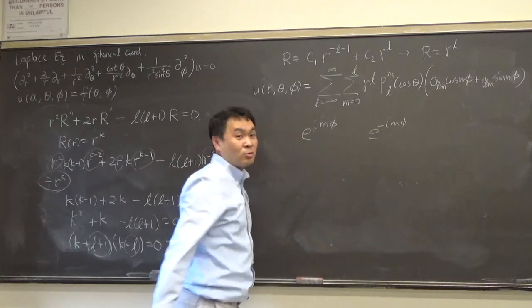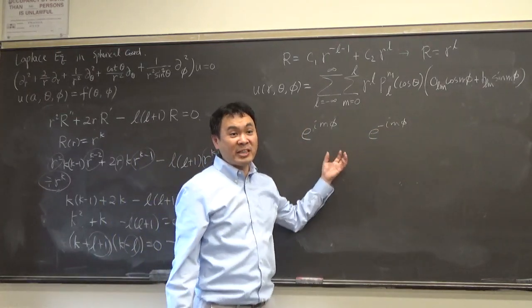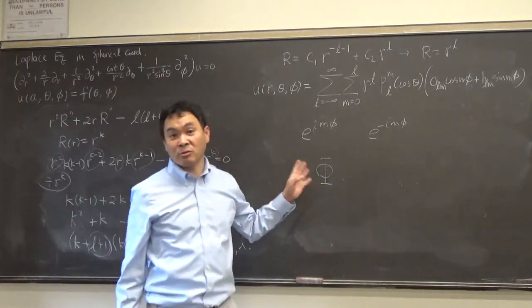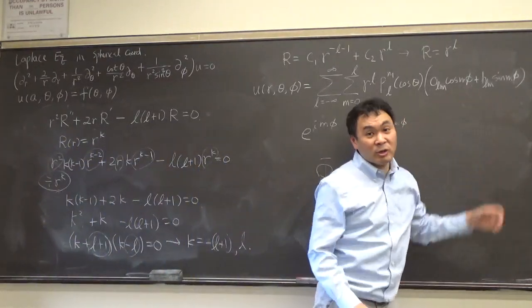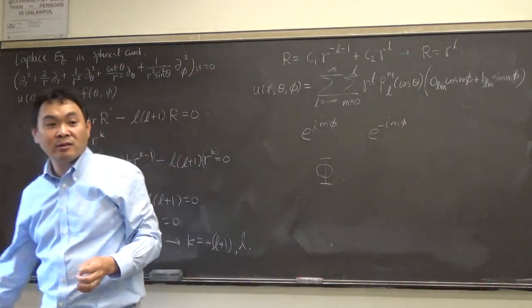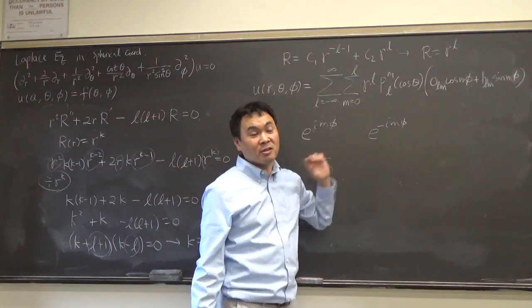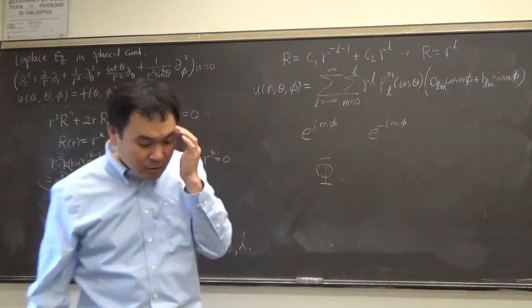Those are the two linearly independent solutions for each value of m for the capital Phi, when you work out the Sturm-Liouville. But we don't use this. We use cosine and sine. Why do we do that again? No complex ones, because these are complex valued. That's why we don't use that.